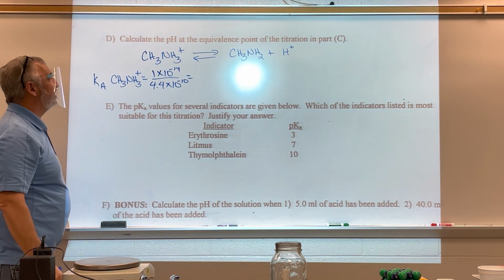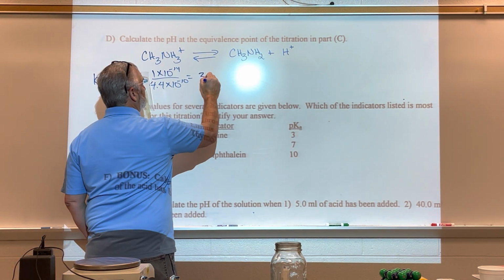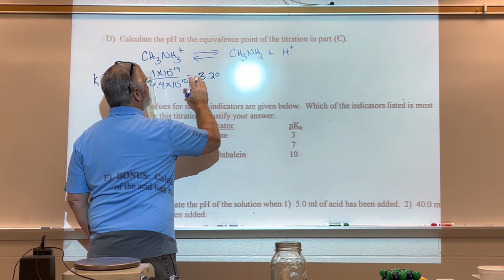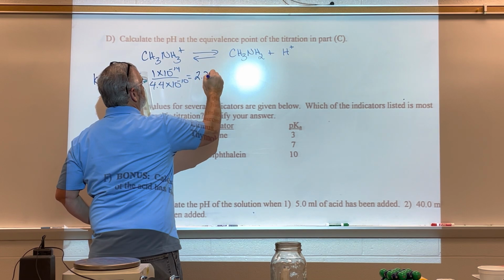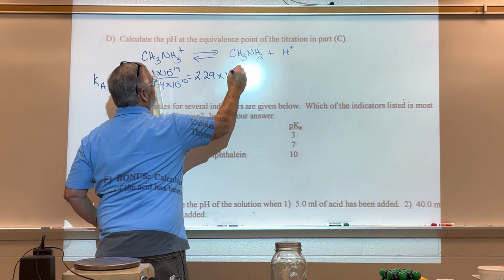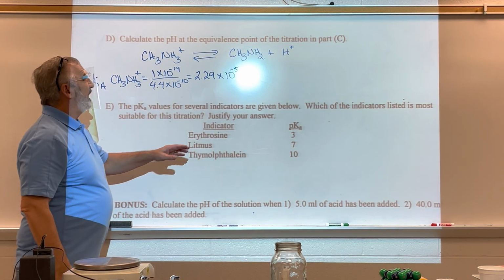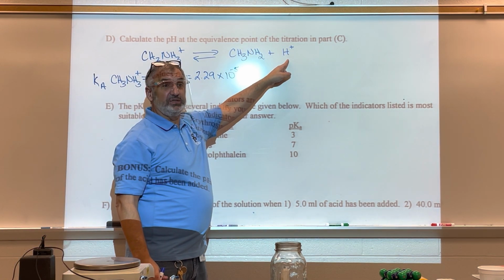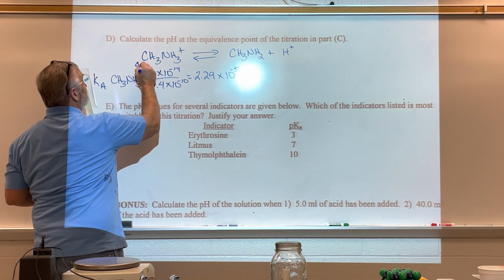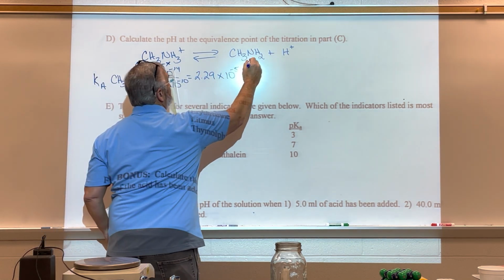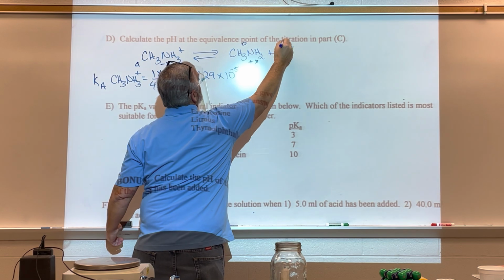So the Ka is going to equal 2.29 times 10 to the negative 5. Okay, so there's Ka. I need to find H plus, that's my ultimate goal, which means I need to know my initial concentration because I know my change is going to be minus x and plus x. We're assuming 0 and 0 here.